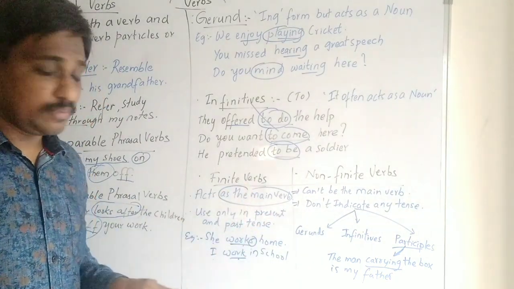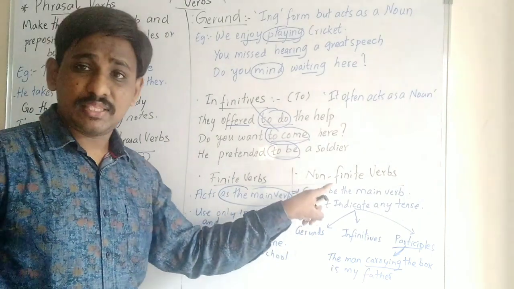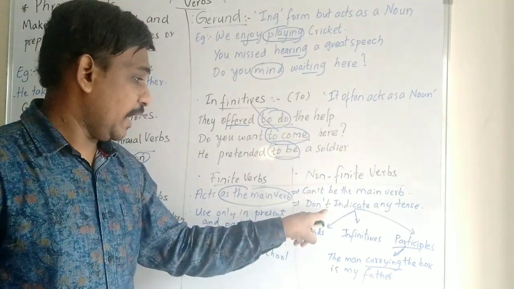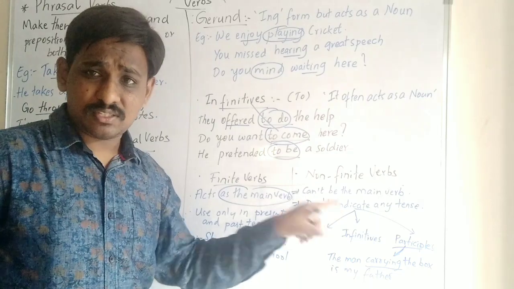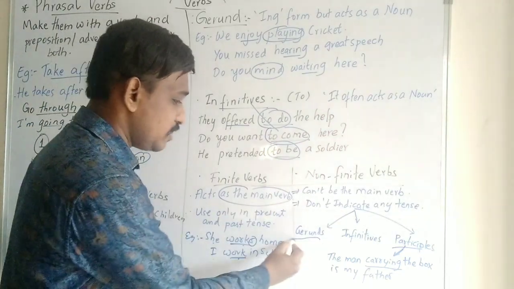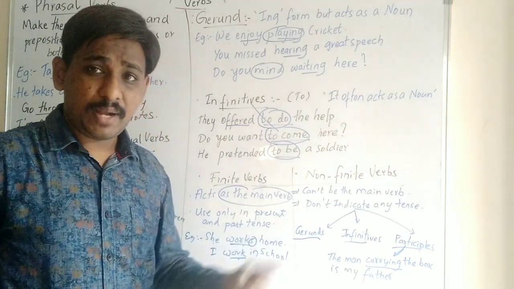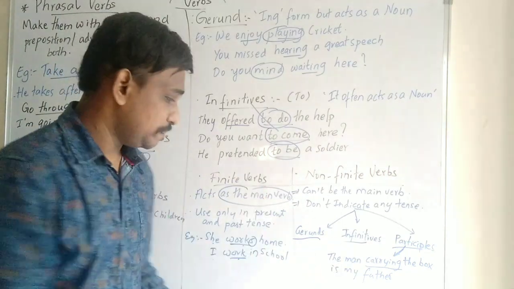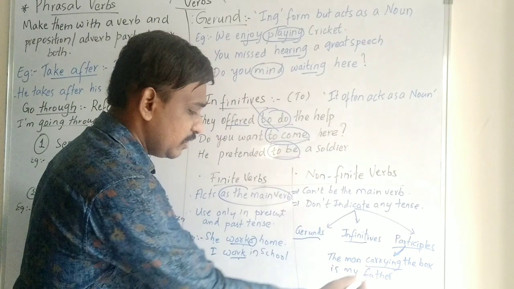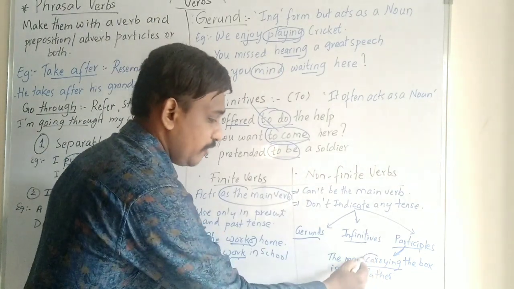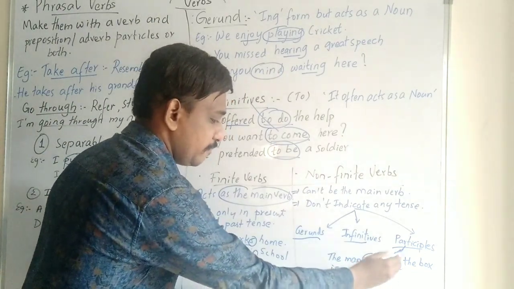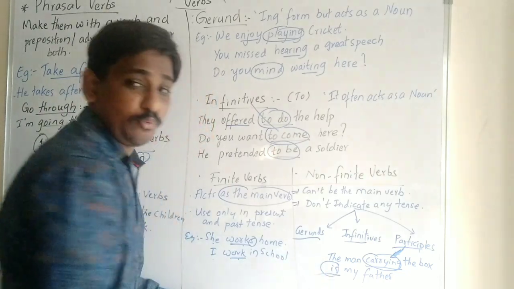Non-finite verbs can't be the main verbs and they don't indicate any tense. They are of three types: gerunds, which we have already seen, infinitives, which we have seen, and participles. Participles are either V2 or V3. The man carrying the box is my father. Carrying is the participle there. Is will be the verb there.